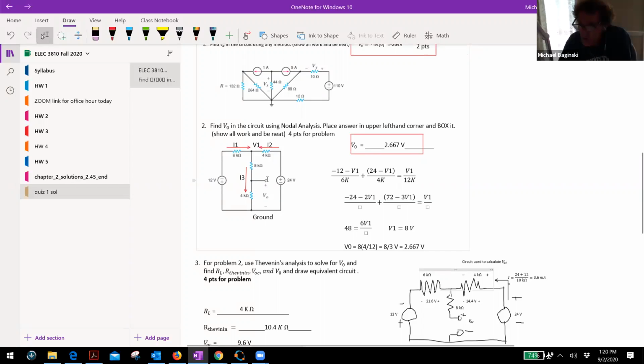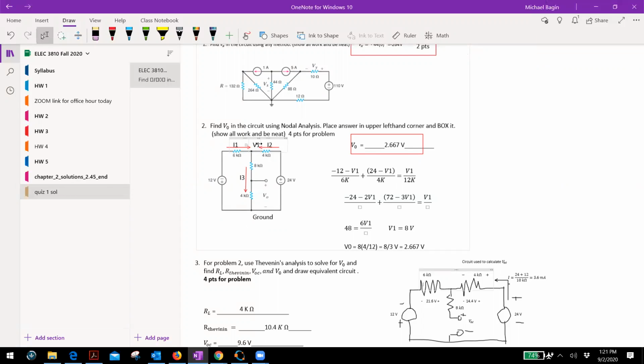You short the voltage sources and open the current sources, right? If you shorted this and this, do you see how effectively the 4 and 6K would both be at ground potential on one side and both be at V1 on the other side? Yes. Therefore, they're in parallel, right?